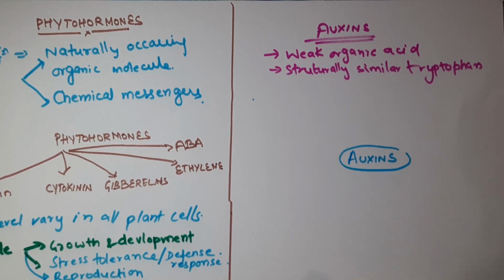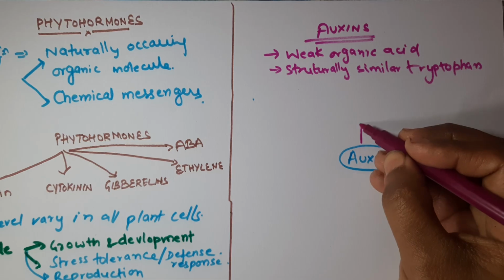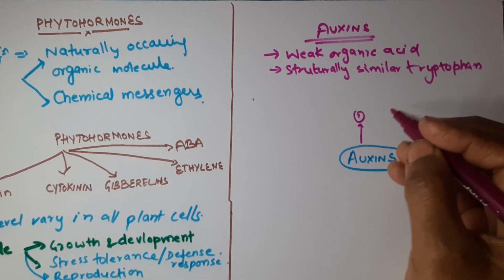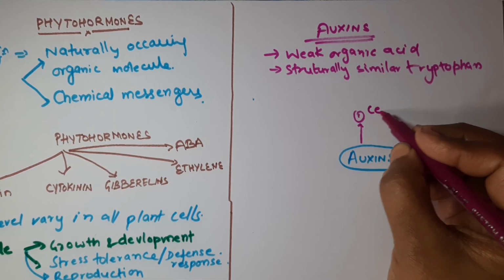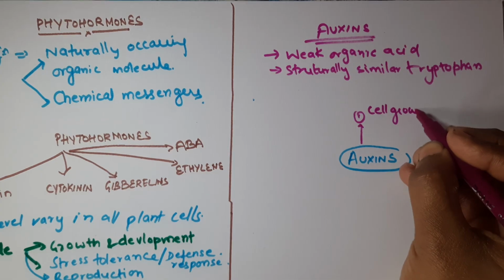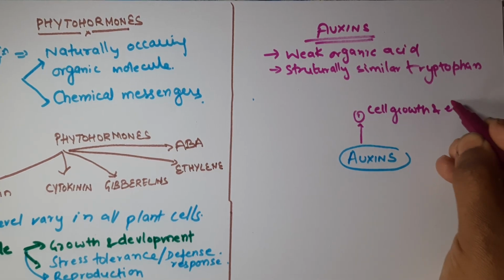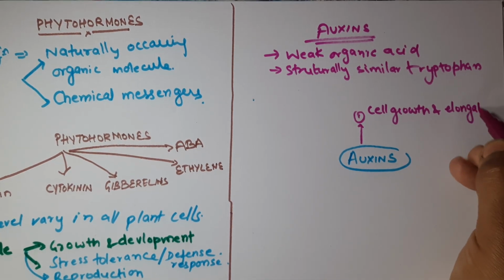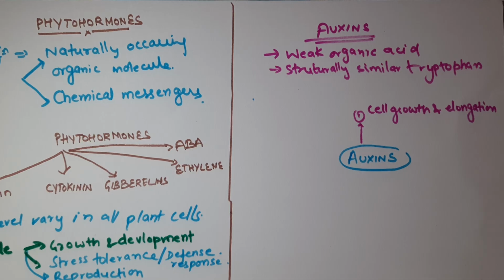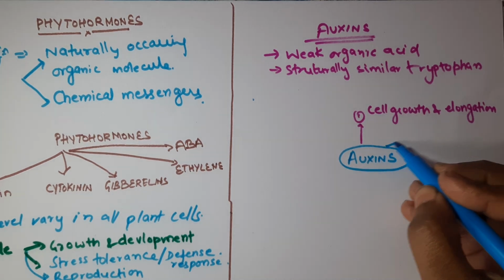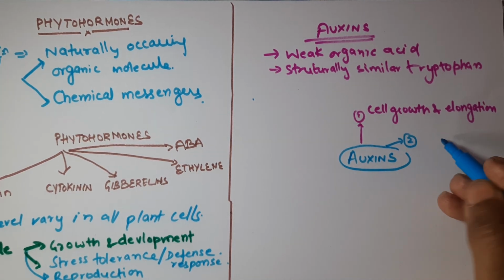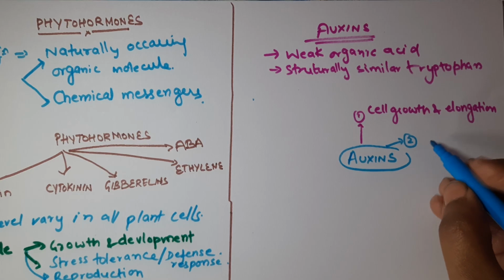So the first foremost role, if somebody asks what auxin does, is cell growth and elongation. The second role of the auxin is that it exhibits apical dominance.